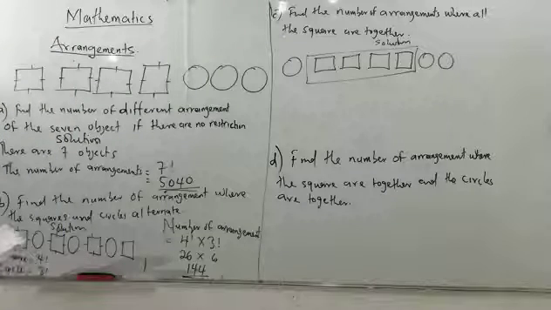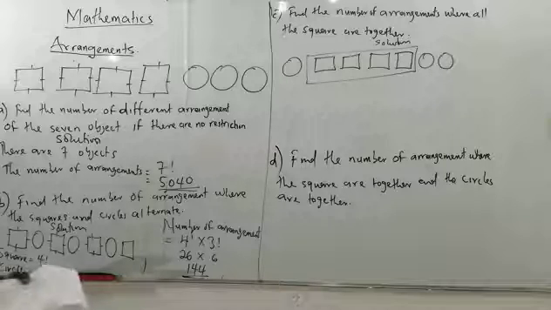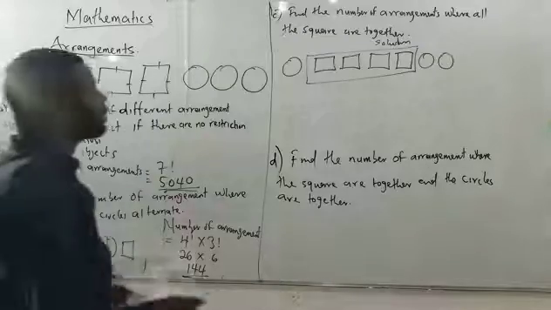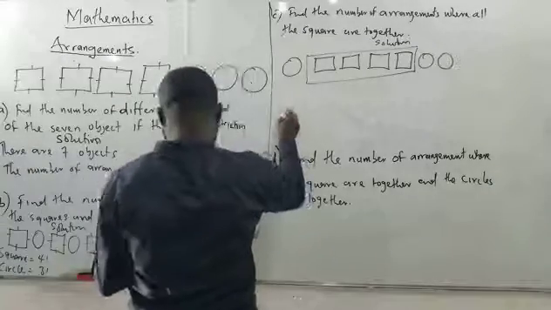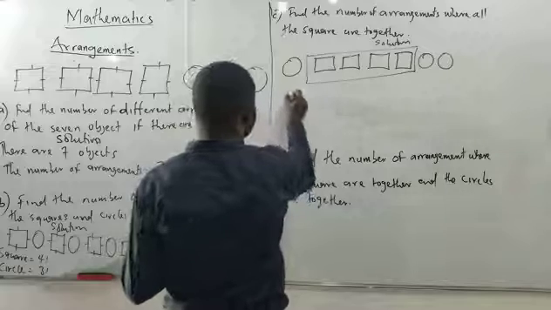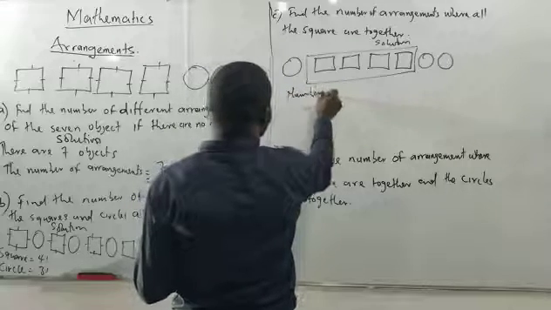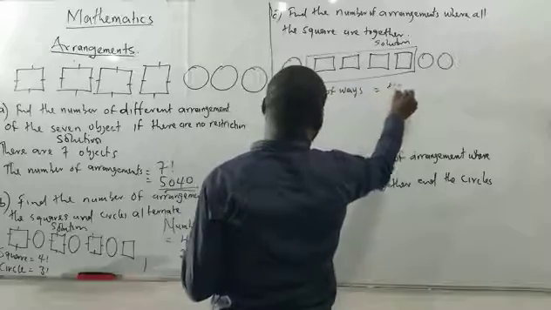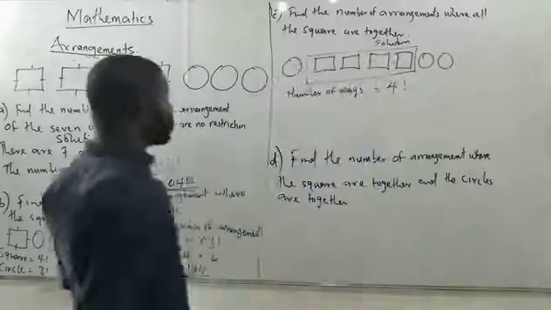Since it's 1, we can now say that the number of ways of arranging the one block of 4 squares with the 3 circles will be 4. It means the number of ways will be 4, because there are 4 squares.